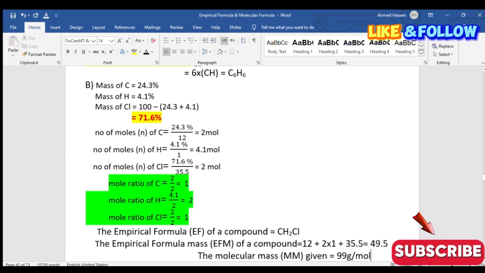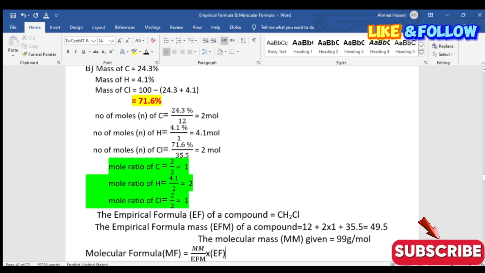gives us 49.5. Okay, and the molecular mass or the molar mass of the compound given is 99 gram per mole. To find the molecular formula, you apply molecular mass divided by empirical formula mass, and multiply the result by the empirical formula. The empirical formula is CH2Cl.